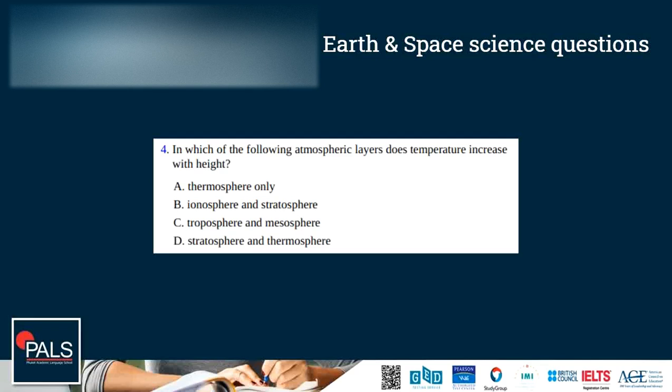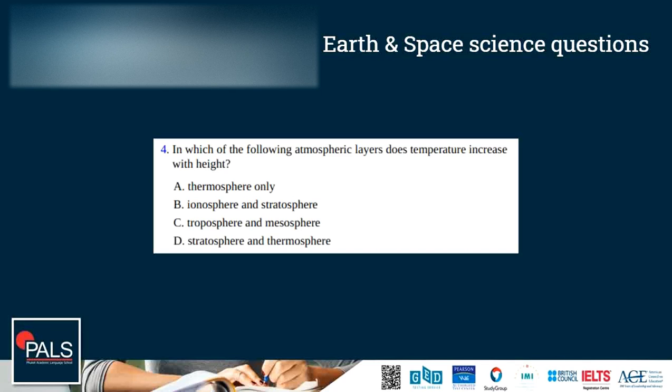Okay, so we probably can deduce from answer A that the thermosphere, which already includes the term thermo for temperature, for heat, might be the correct option here. Ionosphere, stratosphere, troposphere, mesosphere are all parts of our atmosphere.